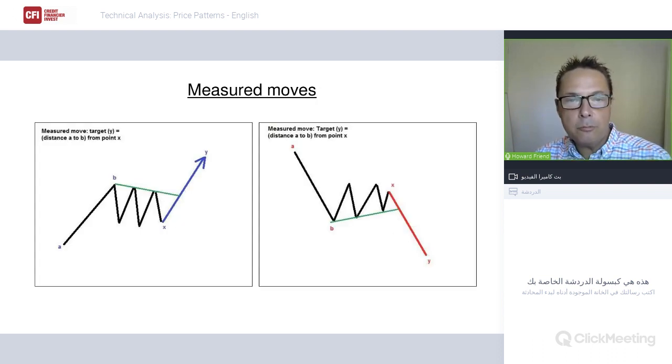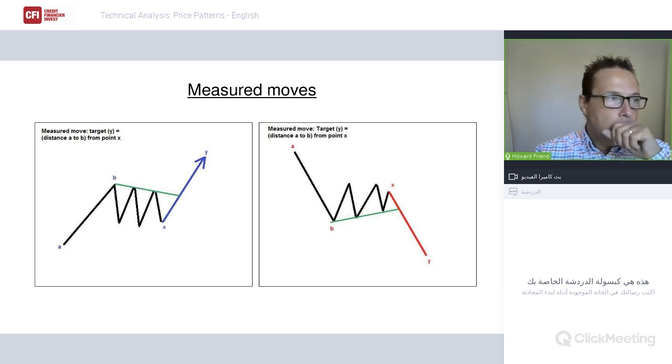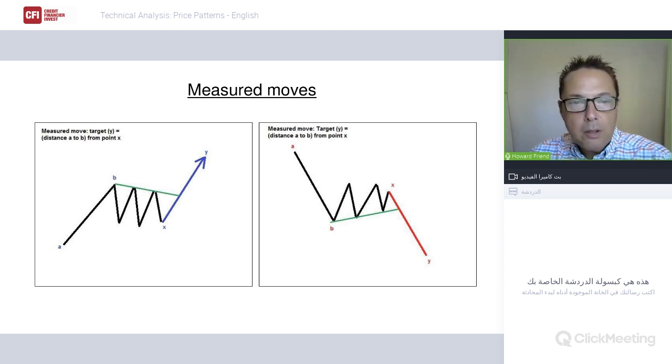Okay, measured moves. How do they work? So a bullish setup is where the market swings higher, often within an uptrend, or maybe it's the first impulsive move after a bear market. So the market swings from point A to point B, and then we get the consolidation, sideways to lower price action as profit taking occurs.